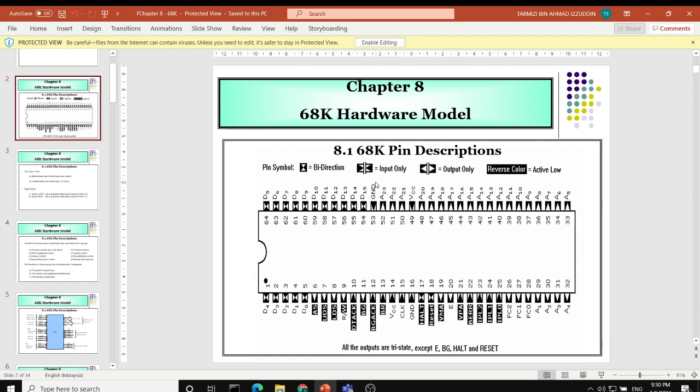Whereas the unidirectional pin, denoted like a hazard sign over here, can only act as one direction, either an output or an input. For example, there are a few pins which can only act as an input, and there are pins which can only act as an output.